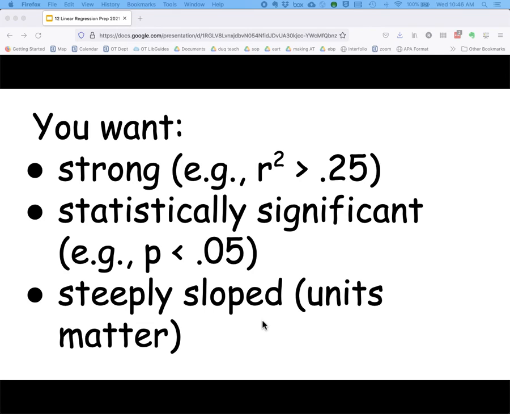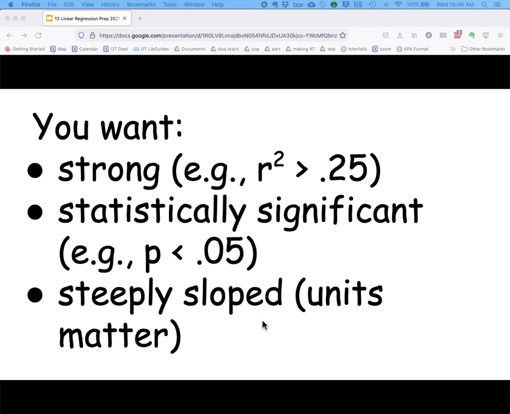If your slope is in terms of seconds, then a slope of 10 means that every 10 seconds you're seeing some improvement in handwriting quality.